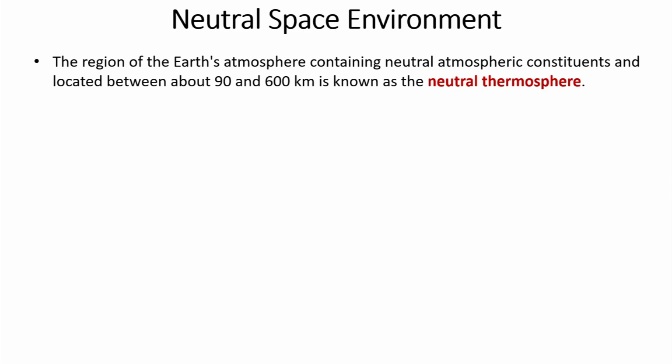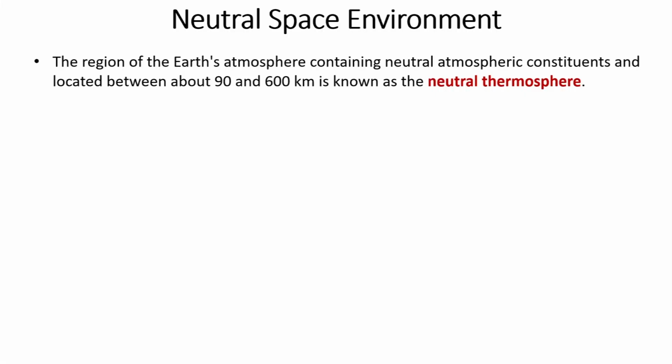The altitude from the earth between 90 to 600 kilometer is known as the neutral thermosphere. Why do you call it thermosphere? Because whenever the radiation, especially the solar radiation, is absorbed by the particles, the temperature rises. This is the reason it is called the neutral thermosphere.